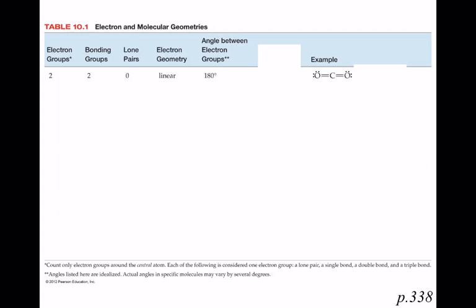And I have some pictures to reinforce what that looks like. So here's a figure from your textbook. The first column, the electron groups, corresponds to the first column on the previous table. Notice what I said is you add sigma bonds, that would be their bonding groups, and lone pair electrons. So the shape is linear. The bond angle is 180, and an example of it is carbon dioxide.